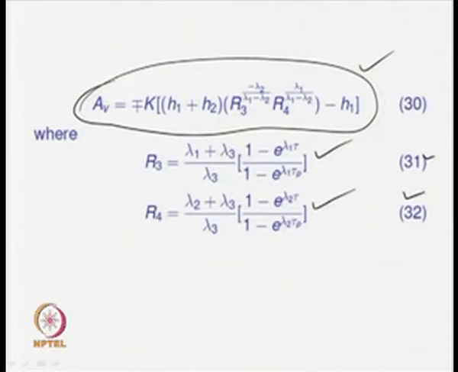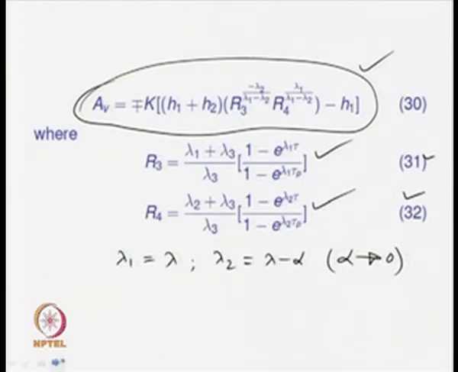This R3 and R4 can be simplified further when lambda 1 and lambda 2 are substituted: lambda 1 becomes lambda, lambda 2 becomes lambda minus alpha, with the condition alpha tends to 0. When this is used, then R3 and R4 can be obtained in a simpler form.